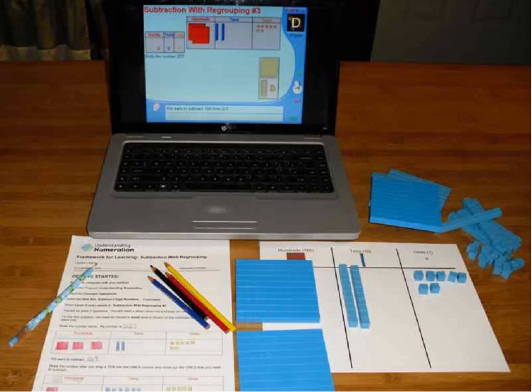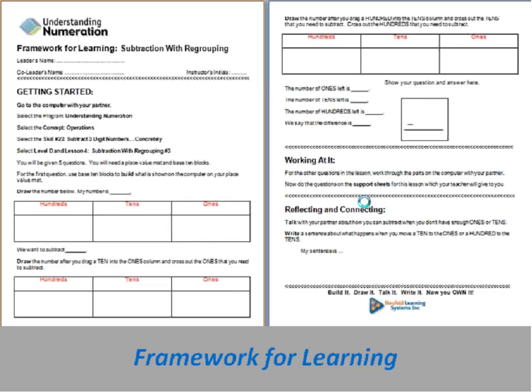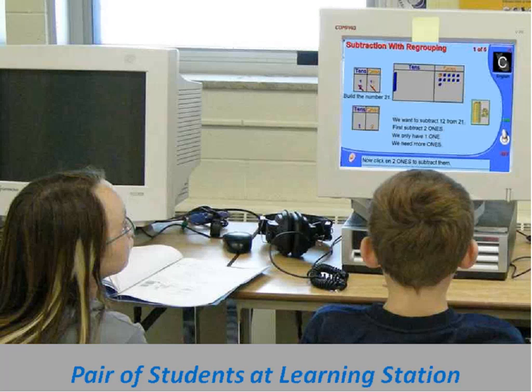If desired, teachers also have the option of assigning pairs of students frameworks for learning such as the one pictured here. Frameworks may be assigned to pairs of students to explore and develop concepts by working through a preset series of lessons on the computer while recording notes regarding their discussions, strategies, and conjectures on the Frameworks for Learning worksheet.